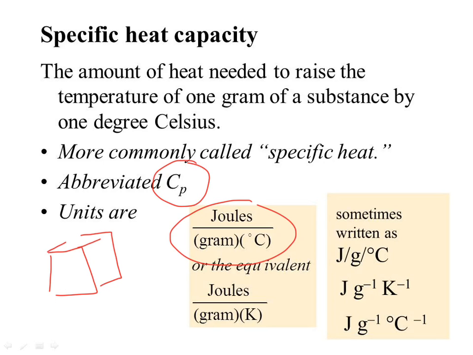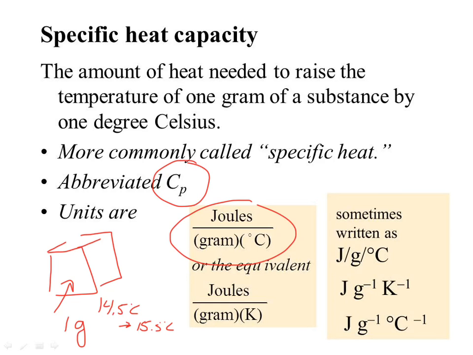You take 1 gram of the material, exactly 1 gram of the material, and you heat it up from usually 14.5 degrees Celsius to 15.5 degrees Celsius.